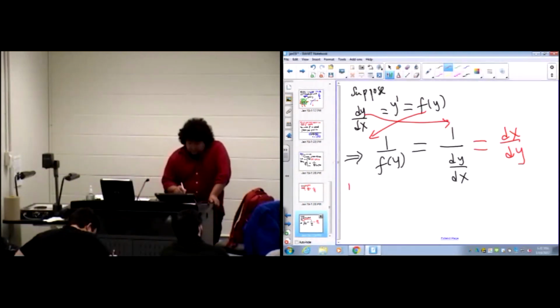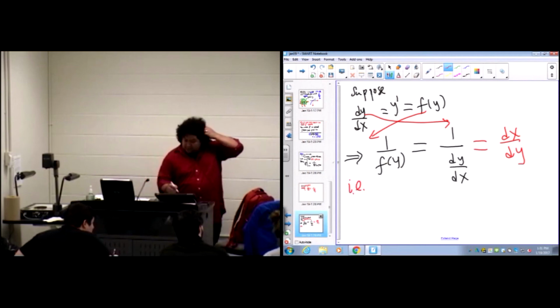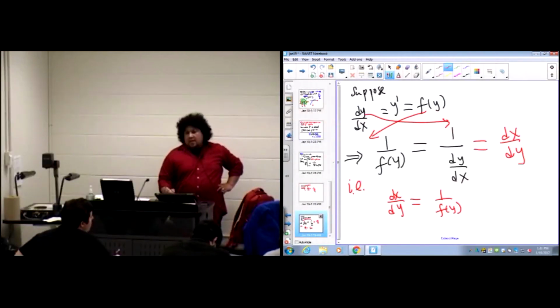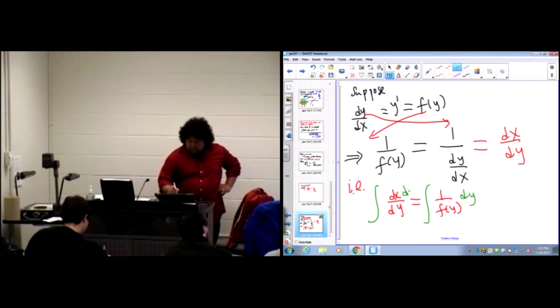So, in other words, we have that dx/dy equals 1 over f of y, and we can take the integral on both sides, the integral operator with respect to y.